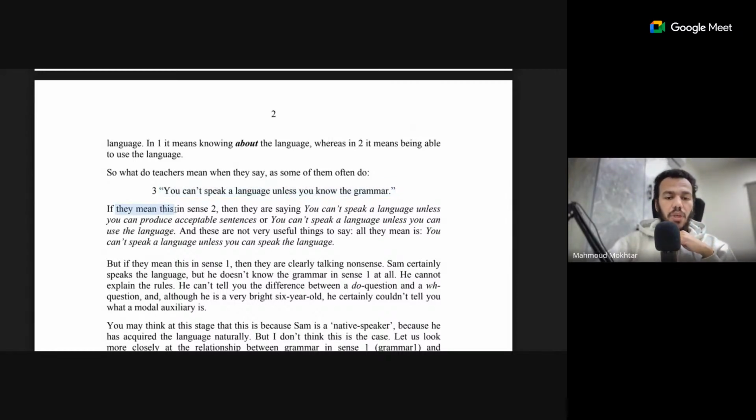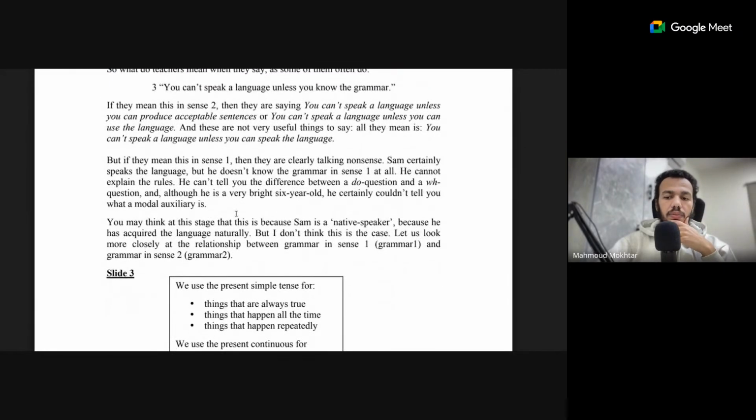If they mean this in sense two, which is being able to use the language without knowing the rules, then they're saying you can't speak a language unless you can produce acceptable sentences, or you can't speak a language unless you can use the language. Hmm. And these aren't very useful things to say. All they mean is you can't speak a language unless you can speak the language. Okay.